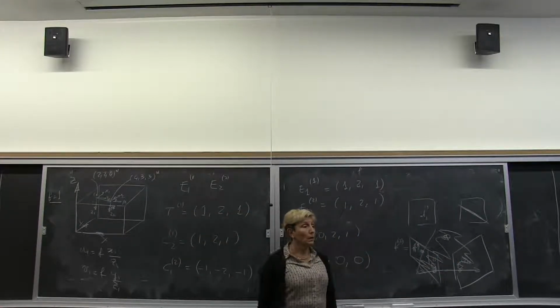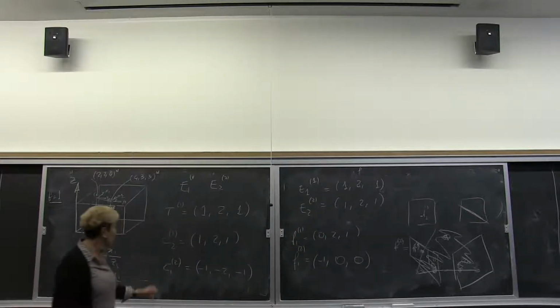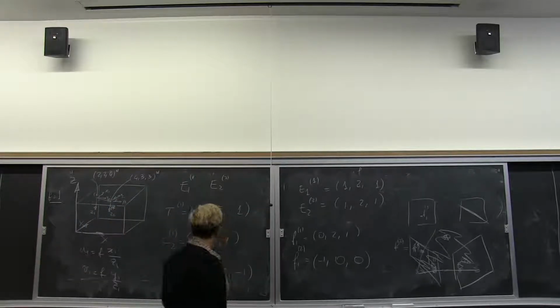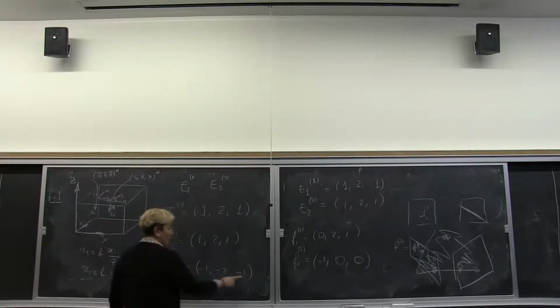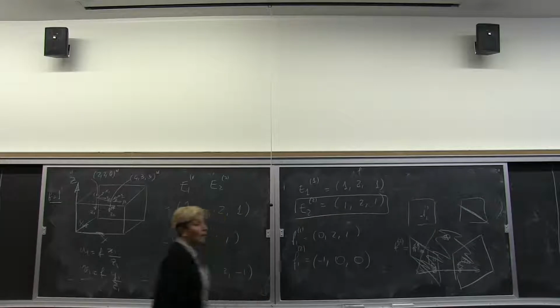Yes? Going back to part A, for the coordinate of E2 on the top, that would be -1, 0, 1. No, because when they divide by -1, the minus signs cancel. Right? So let's do the image of this guy. It's -1, F times -1 divided by -1.